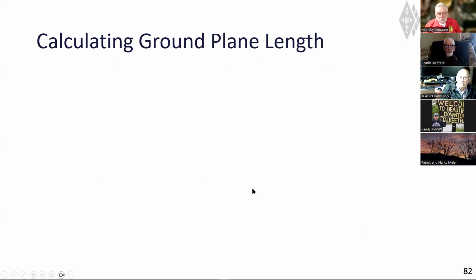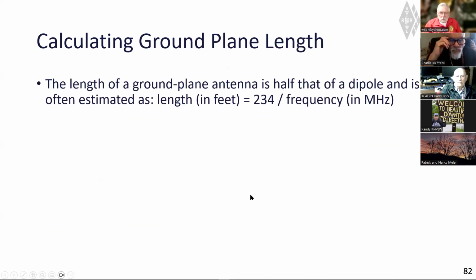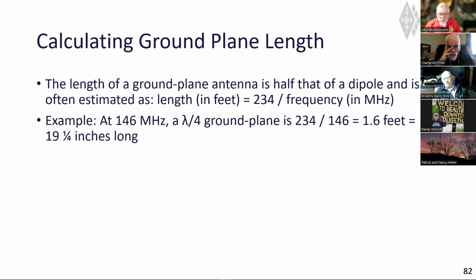Calculating ground plane length. The length of a ground plane antenna is half that of a dipole and is often estimated as 234 divided by the frequency in megahertz. For example, at 146 megahertz, a quarter wave ground plane is 234 divided by 146 equals 1.6 feet, or 19.25 inches long.